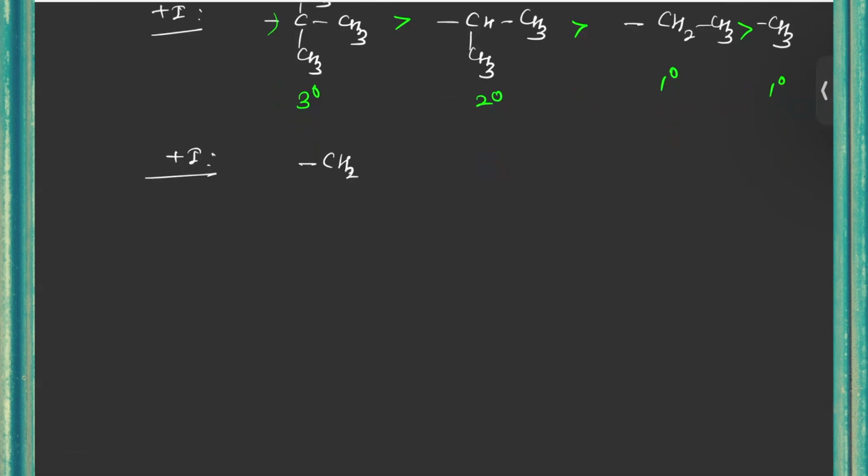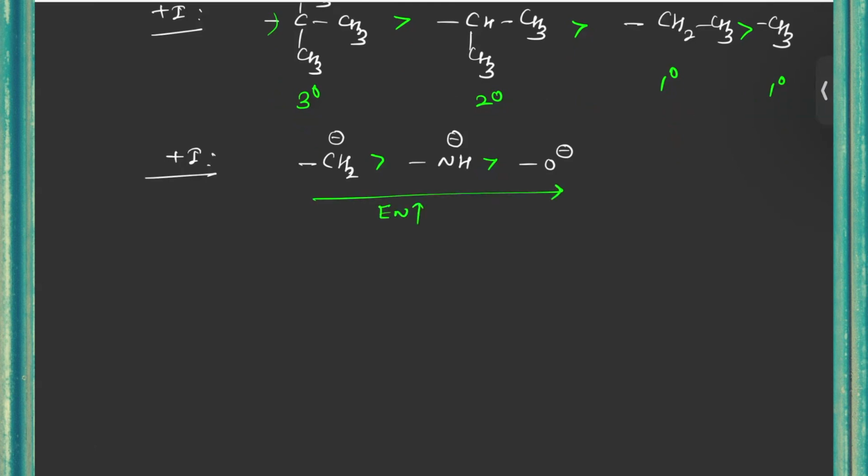Got it? Yes, sir. CH2 minus, NH minus, O minus. So this is the case. These are the groups which are having plus I only. I told you in the last class that negatively charged ions are having plus I. So which is having more plus I? C negative. Why?